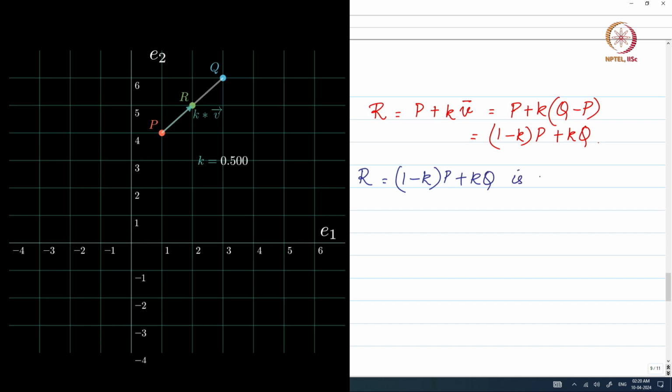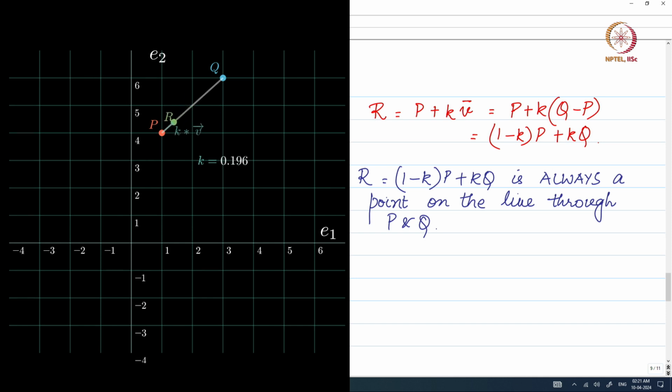is always a point on the line through P and Q, right. We can actually change the different values for k and then check it.